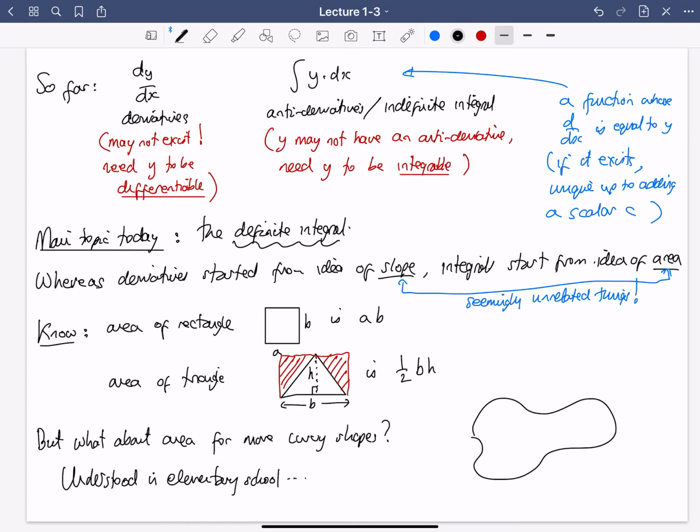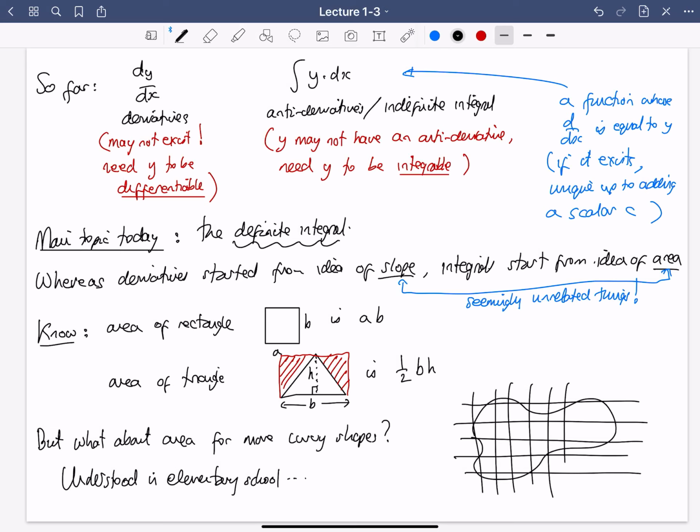And in elementary school, I expect you spent some time drawing shapes on graph paper with little square grid. And you would have just counted those little squares, little baby squares, to estimate the area.